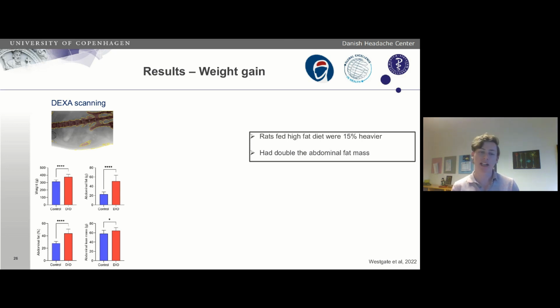But given we had the DEXA scan, we could delve a bit more. And we can say actually the obese rats had double the abdominal fat mass, which is a great deal more fat. And given that adipose tissue has quite a few cardiometabolic consequences, it was important to confirm this, and much more reliable to do this by DEXA scan than dissecting out and weighing fat.